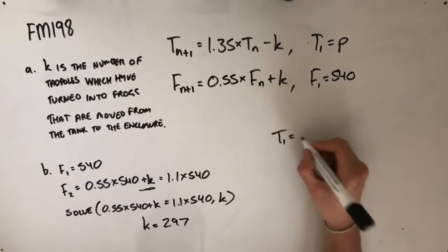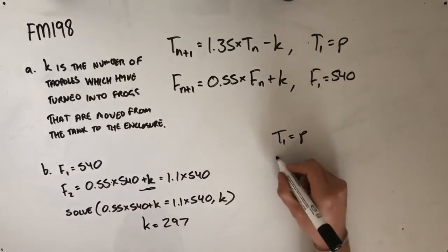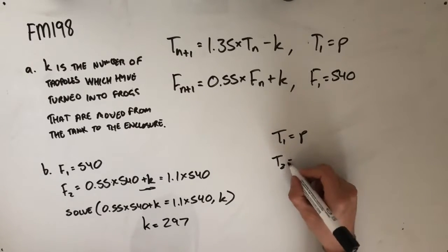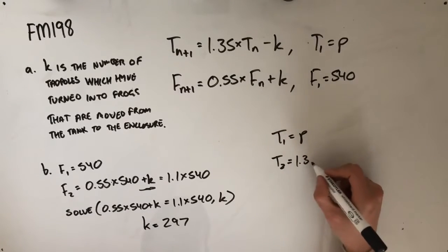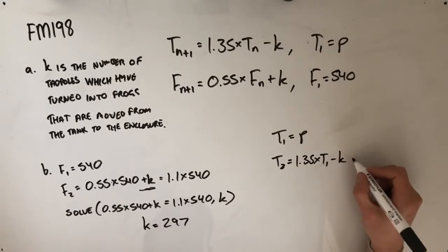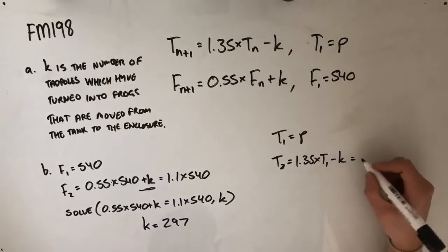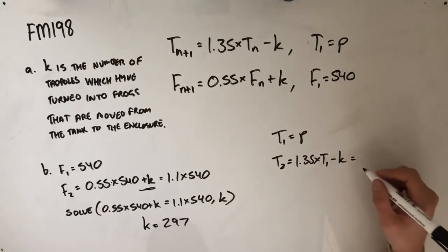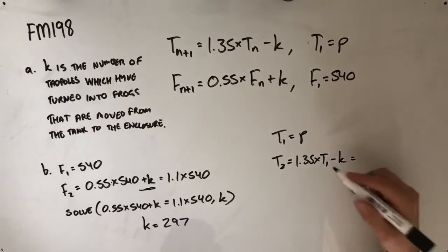Well, T1 is P, and T2 is going to equal 1.35 times T1 minus k. We also know that T2 is going to be equal to 20% more in month 2 than it is in month 1.